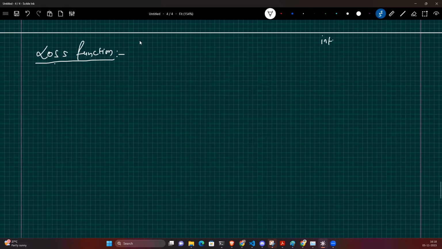If we consider this diagram once again, I am making only two so that there is no confusion. This is the hidden layer, this is the output layer. This is our x1, this is our x2, and this is our HL.